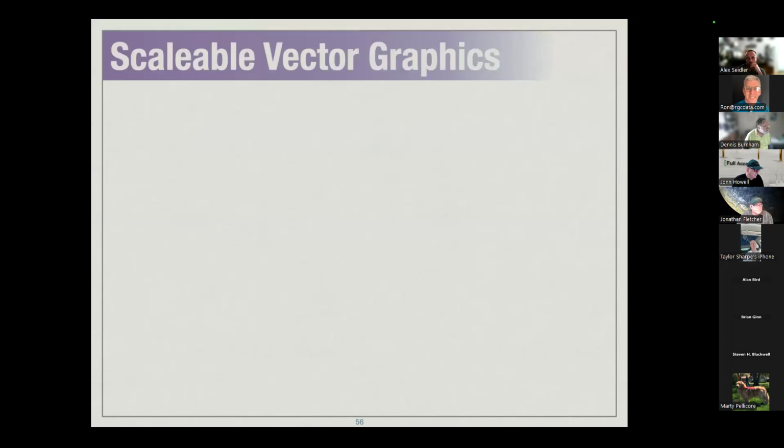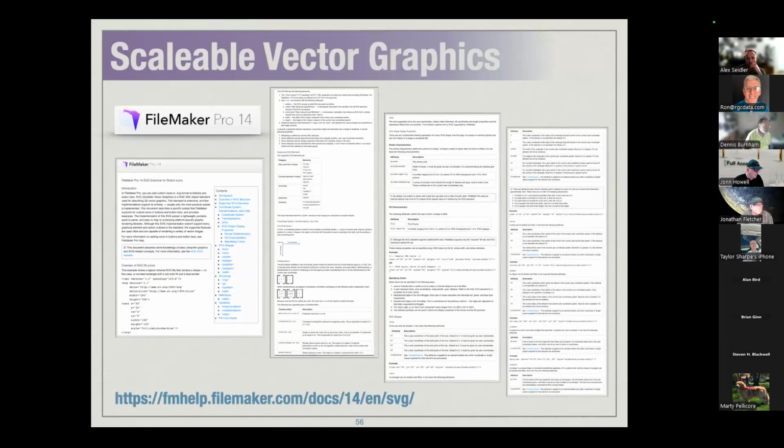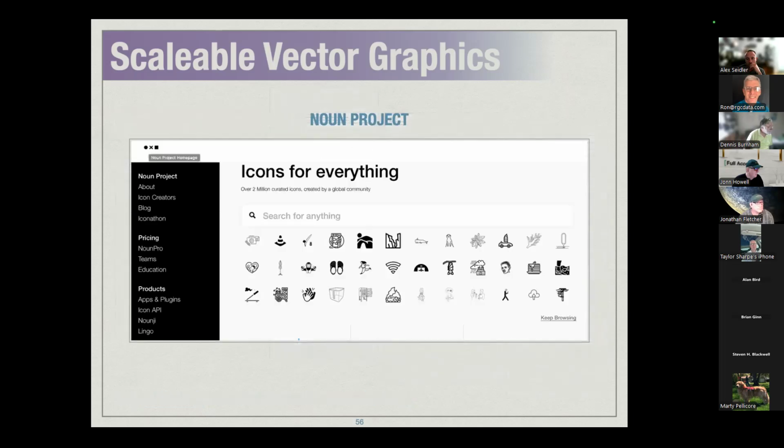So here, as we get toward the end of today's presentation, I'm going to show you what goes on with these scalable vector graphics. There's a URL at the bottom with a slide with a web page that Claris has published that explains it more.